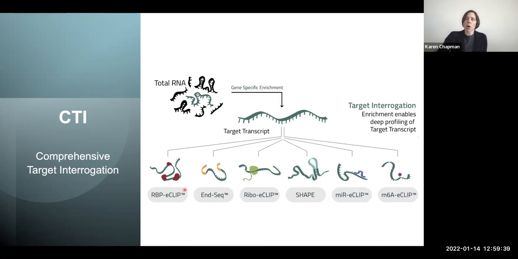But when you look at all of these different orthogonal methodologies that can be employed, you really can start to get a multidimensional view of RNA. So again, that simple linear molecule or simple RNA-Seq data can really be transformed into a much more multidimensional view of RNA.